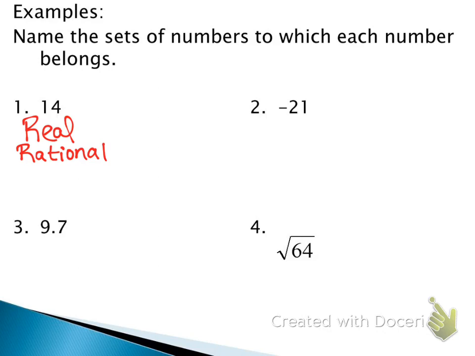So we would write down integer. Then we're going to go down to the next layer, the whole numbers. Mikkel, do you think this is a whole number? You got a 50-50 shot, yes or no? I guess you are correct. It is a whole number.